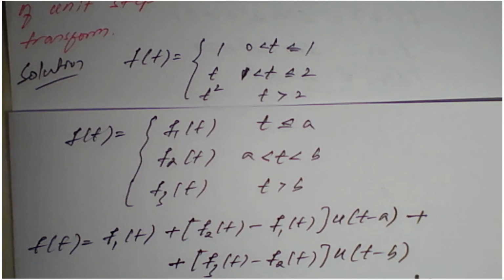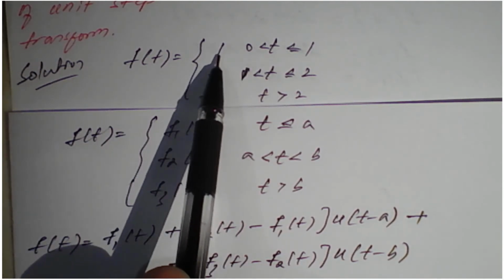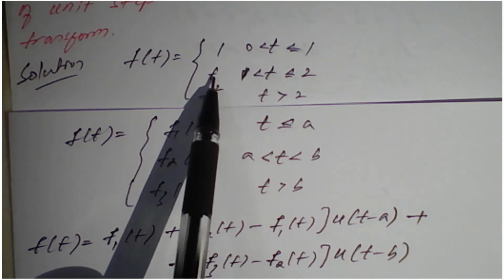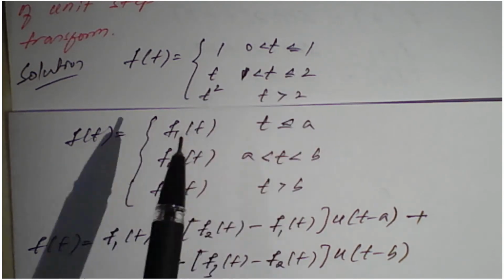We need to remember this. Now as per the given question, f1 is 1, f2 is t and f3 is t square. The a value is 1 and the b value is 2.